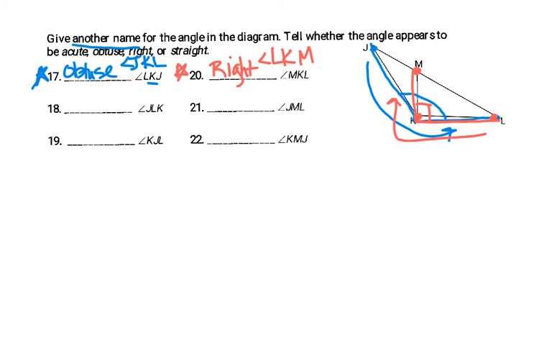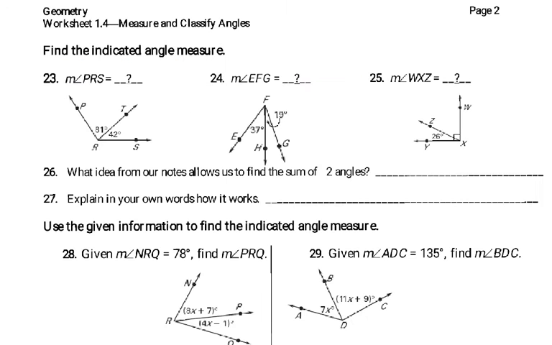All right. The next problems, if we look at this page, I want to go through a couple on the top here. The first one, find the indicated measure of the angle.